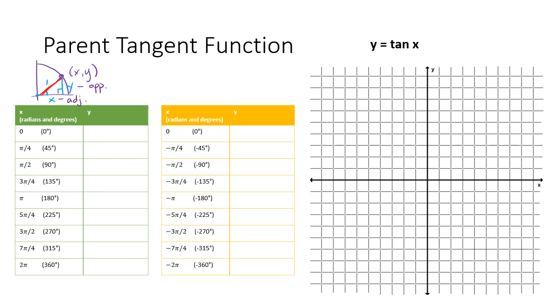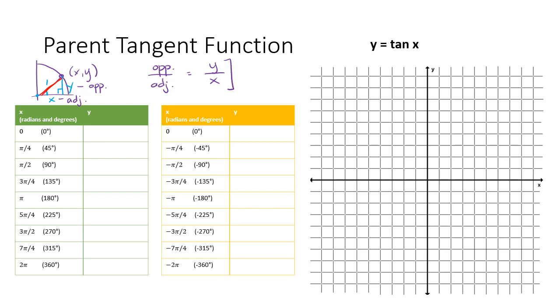Tangent is the ratio of opposite over adjacent. So if we're thinking about our xy coordinates on the unit circle, that is always going to be y over x. So in order to determine our tangent values of all of these angles in our table and otherwise, we want to use our coordinates in this ratio, y over x, opposite over adjacent.